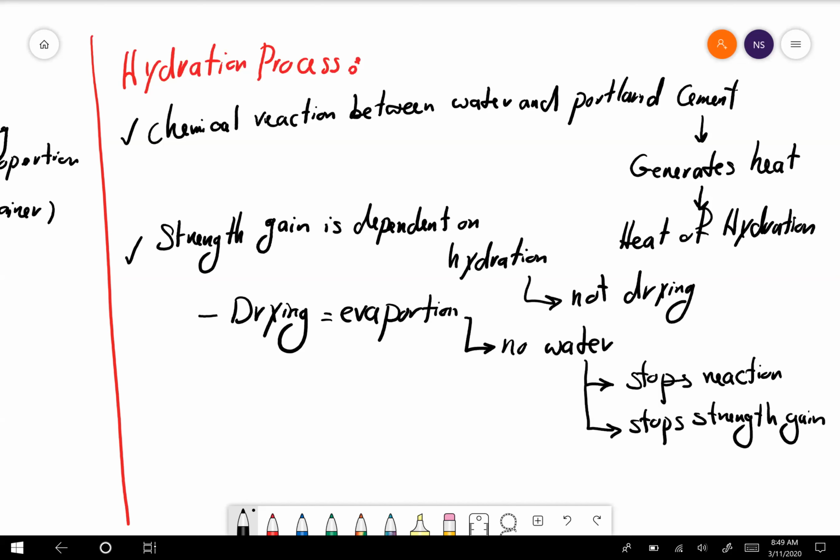But you definitely want to have hydration, and from the heat of hydration, you can estimate how much strength you're gaining.